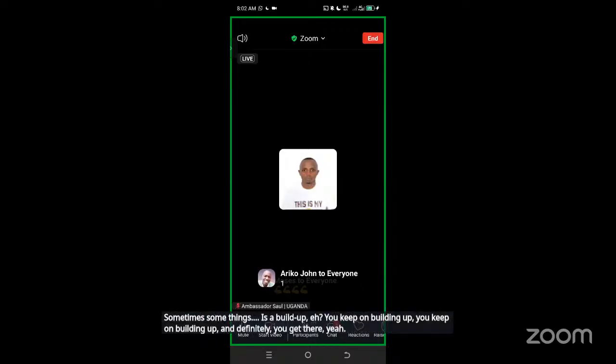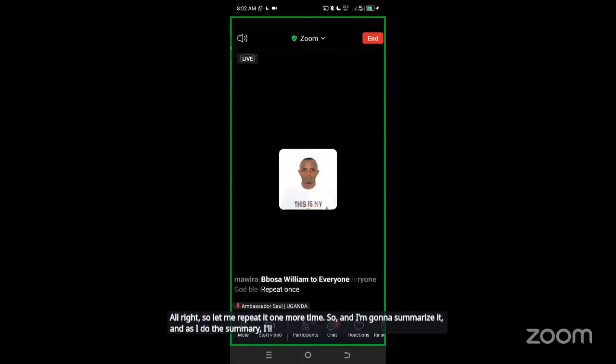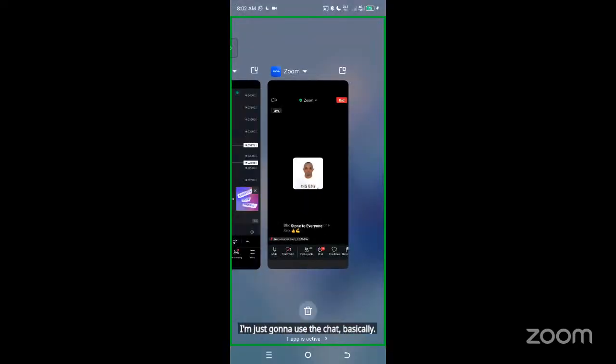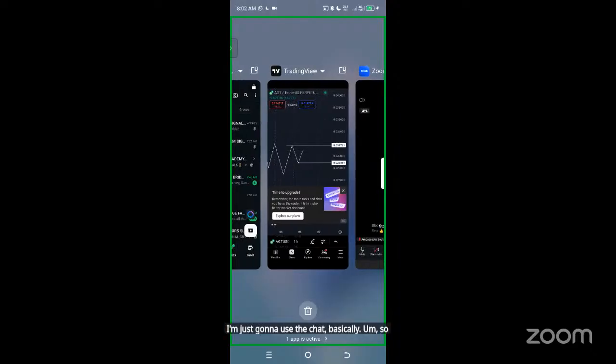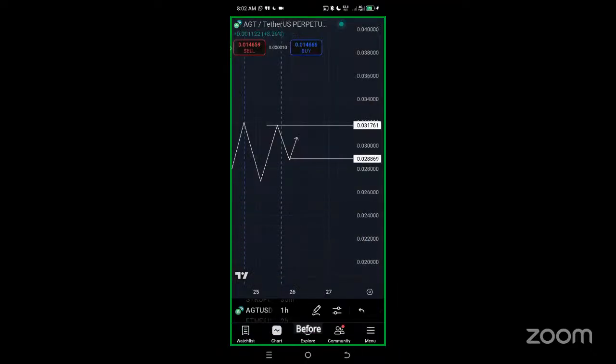All right, so let me repeat it one more time. I'm going to summarize it, and as I do the summary, I'll go on the chart. Before I go, let me re-establish this line.